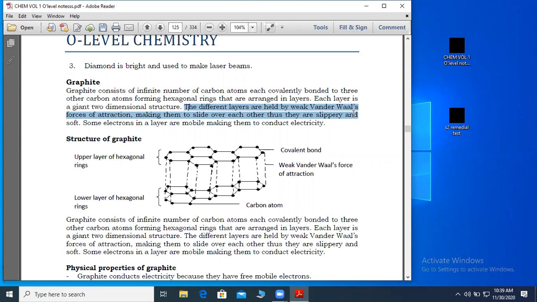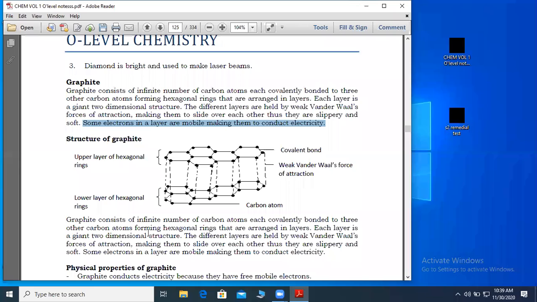That's the reason why graphite is slippery and soft. So since carbon atoms are bonded to 3 other carbon atoms only, some electrons in the layer are mobile, making them conduct what? Electricity.